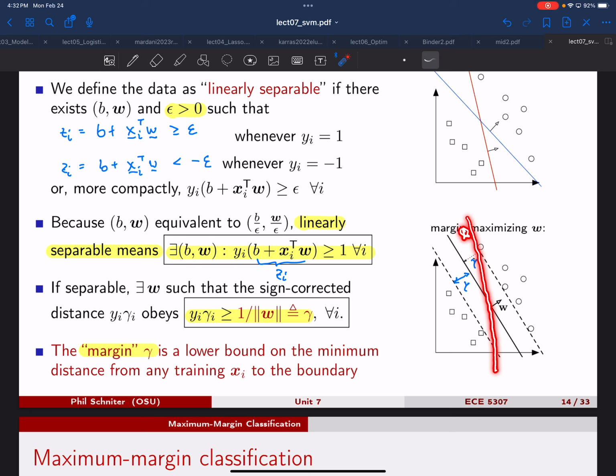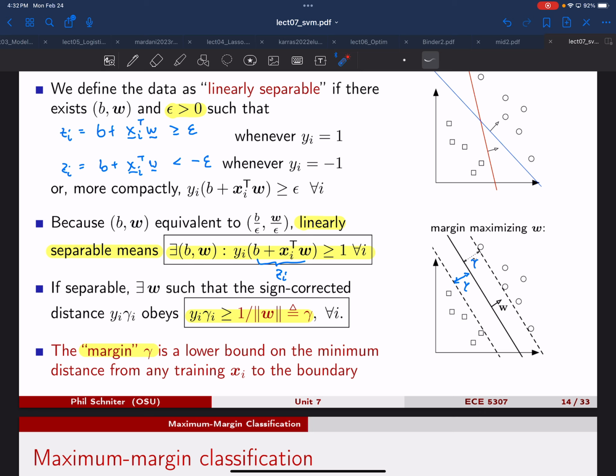Maybe I have a test data point here, a circle, that is going to violate that classifier. So that's why we want to position our classifier so that the minimum distance to the closest point is maximized. So that's the philosophy behind what we're doing, or part of what we're doing, in this unit.